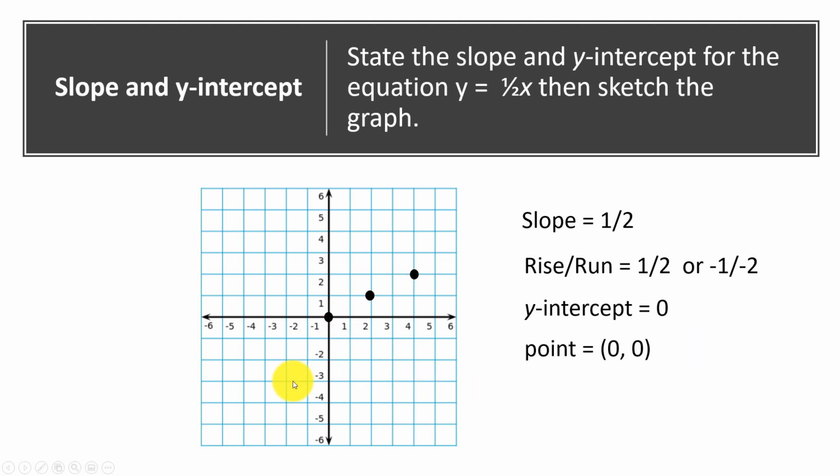Now to get the points below the y-intercept, I rise a -1, that means I go down, and run a -2 means I go to the left 2. So from this point I go down 1 and to the left 2. Down 1 to the left 2. Connecting these points, we can see that this is a straight line, and we can see that the slope is positive and it's going through the origin.